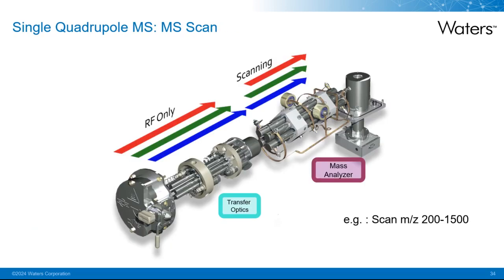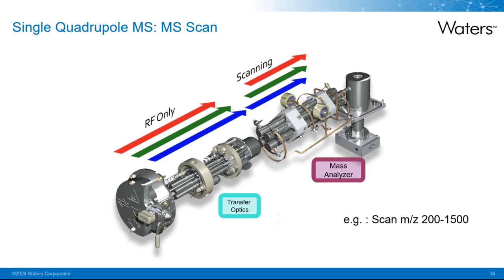Here is an example of an MS scan. An MS scan is ideal for screening methods where the user is looking at everything in the sample. In an MS scan, the transfer optics which move the ions from the ion source to the quadrupole run in RF only mode, meaning they transmit all the ions from the source to the quadrupole. The voltages on the quadrupole, the second mass analyzer, are scanning, transmitting ions in sequence to the detector.